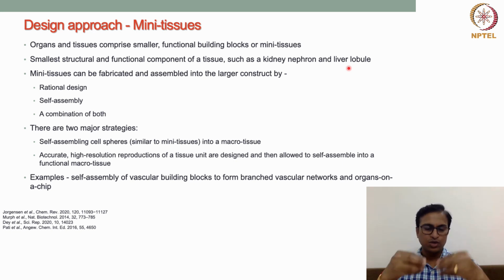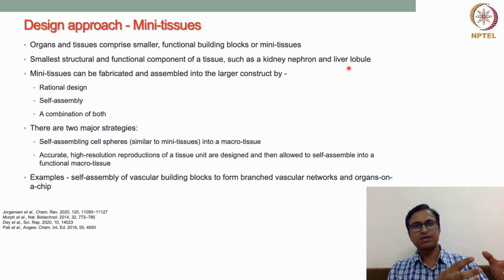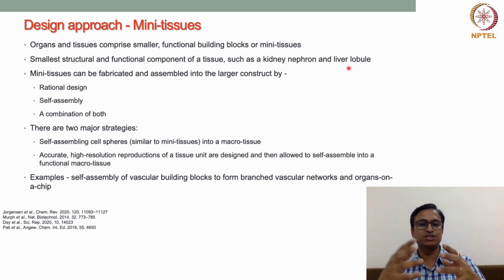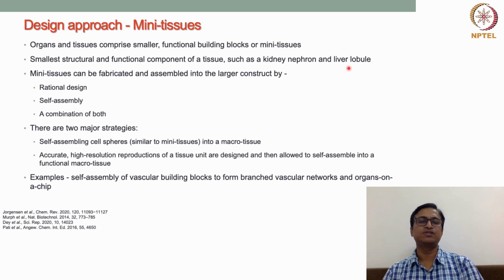There we are not relying on the self assembly of the cells. Here we are putting the cells in a particular order, mimicking the actual tissue microarchitecture or cell organization. We reproduce it in a high resolution manner, so that the structure is present. So that is the mini tissue, and then we allow them to self-assemble into a functional macro tissue.